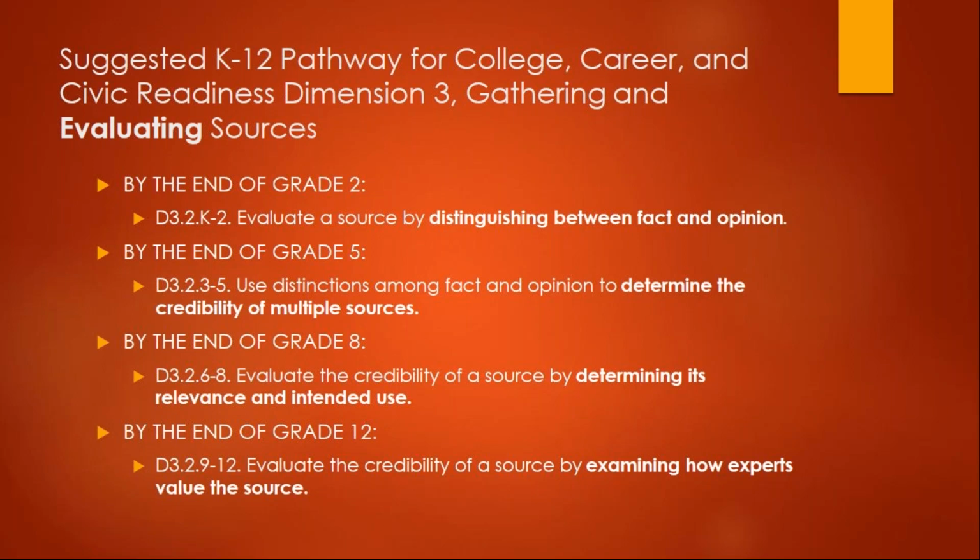As students enter middle school, they're asked to go beyond fact and opinion to determine credibility and to consider relevance and intended use. And finally, our high school students not only consider fact versus opinion in multiple sources and the intended use, but they're also asked to consider how experts value the sources to ultimately determine the credibility of those sources.